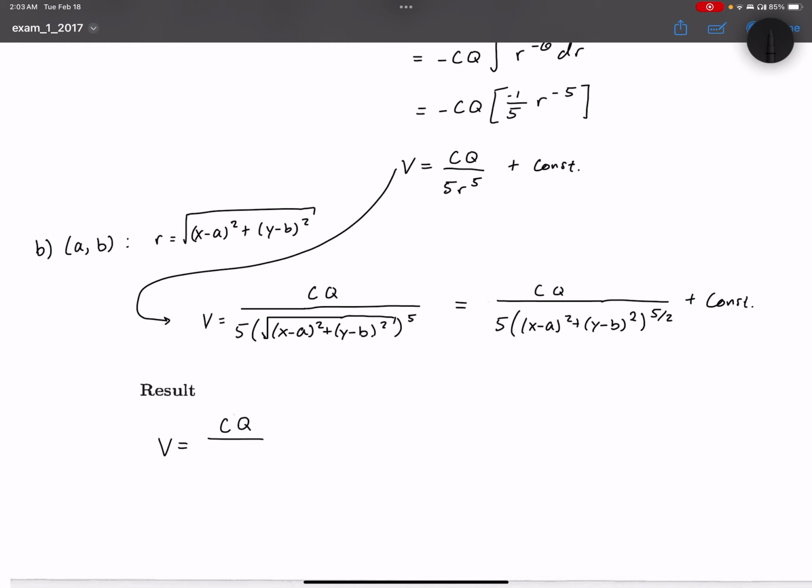So for part A, we have that over 5r to the 5th plus the constant. And then for part B, we have CQ over 5 times x minus a quantity squared plus y minus b quantity squared to the 5/2 power, plus a constant.